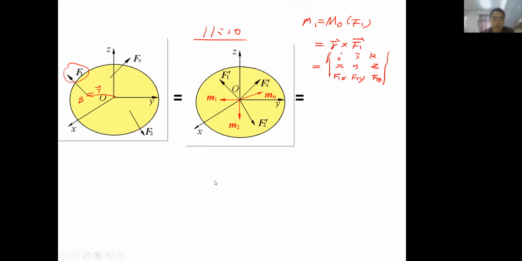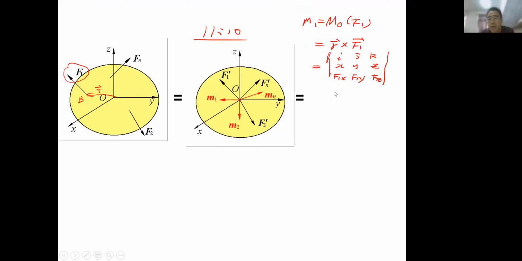So actually, we just use this theorem of translation of a force. We can use this similar step to tackle all the forces one by one, right? That means when we move F1 from here to here, we add an M1.